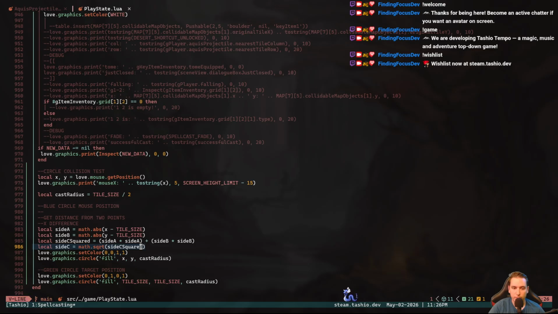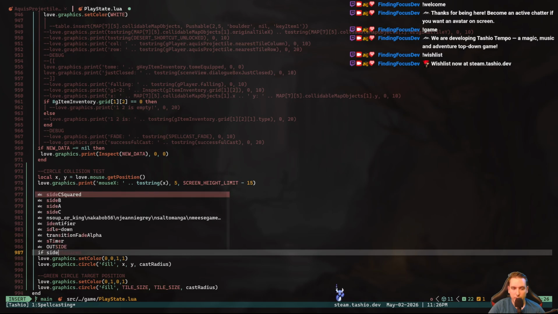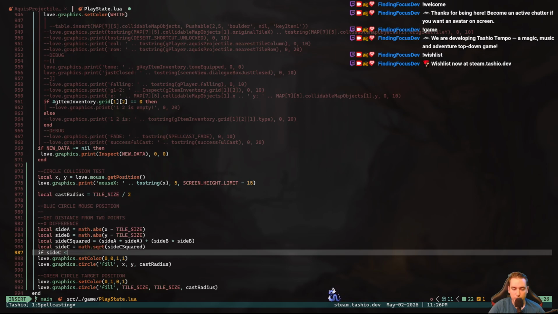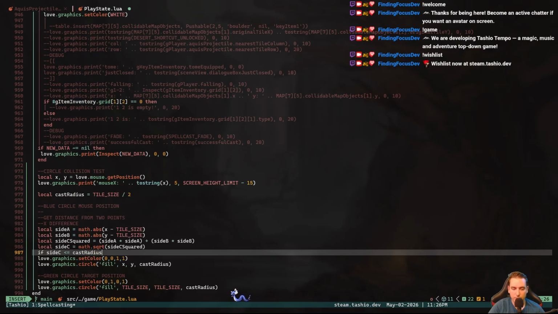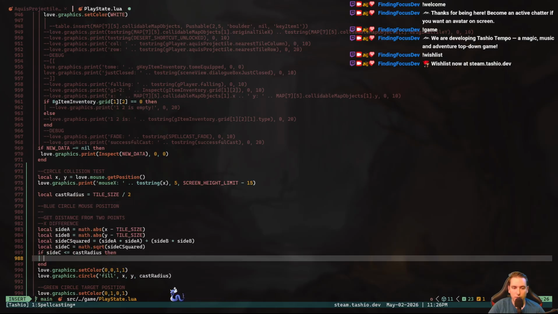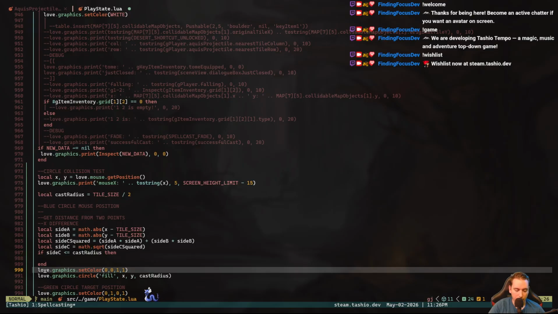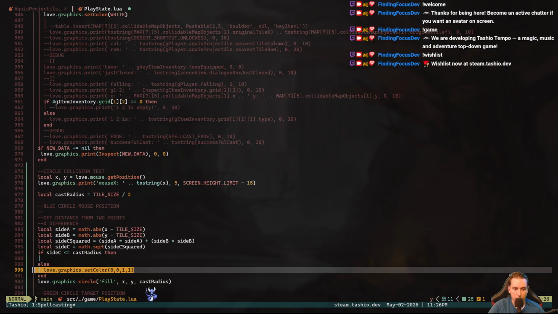So here we're going to say, if side C is smaller than or equal to the radius, the cast radius, which in this case is half a tile size, then that means we're colliding and we want to do something else.